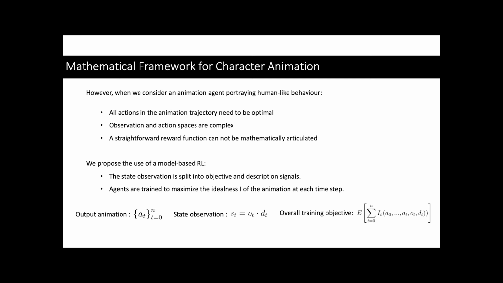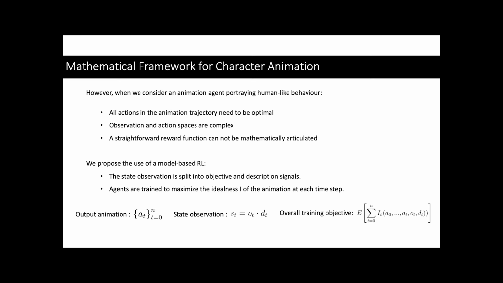A key idea behind our approach is that a Markov decision process might not necessarily be applicable for character animation. Typically, RL agents are trained to maximize the cumulative reward. But for animation, for a proper realistic human-like behavior sequence, every single action at every single time step of the trajectory would need to be optimal.